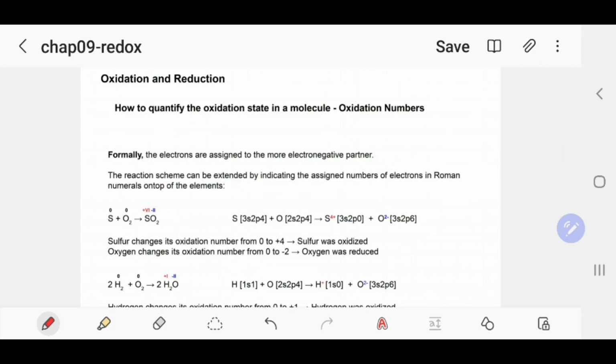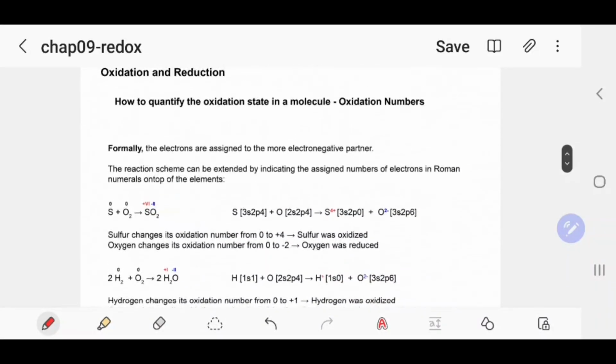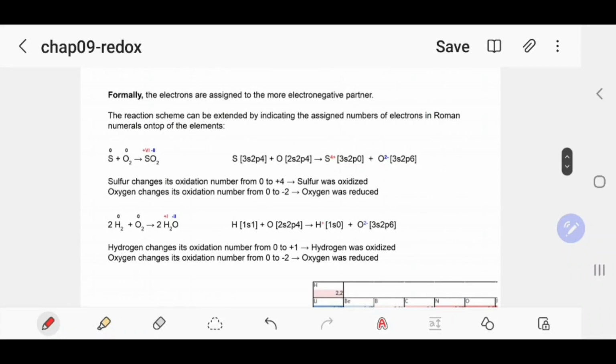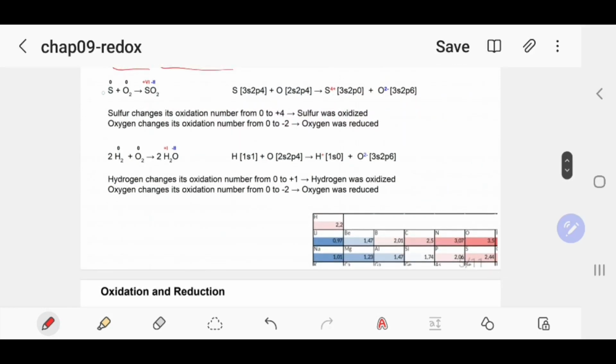So this is just a repetition of what I just explained, how to quantify the oxidation state in a molecule, which is the oxidation numbers. The oxidation numbers are the charges that we mention on top of the element to say how many electrons this element has gained or has lost. And normally they are written in Roman numerals on top of the element. So in this case we just did, the S was 0 and at the end it became +4. We write it in Roman numerals, and the same for the oxygen.